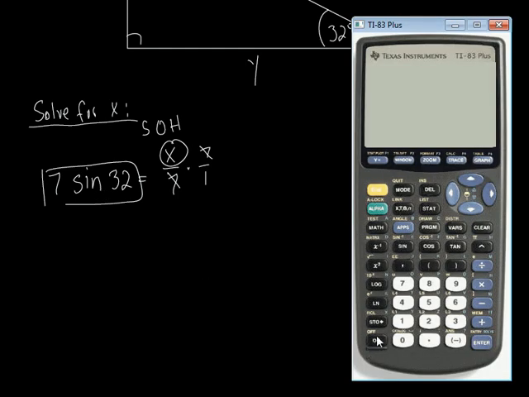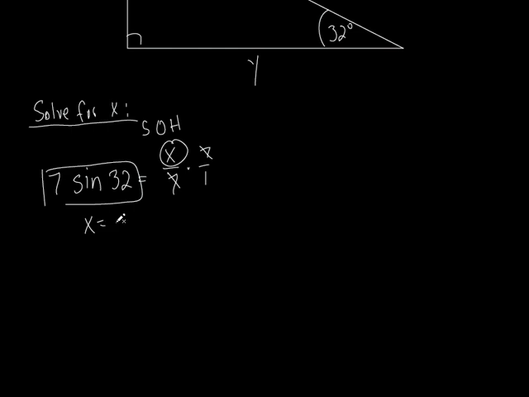On this particular calculator, it's pretty easy because we just put it in order. Watch. It's 7, sorry, then what? Sine, and then 32. You with me on that? And then you just hit enter, and there it is, 3.7. So x is equal to 3.7.